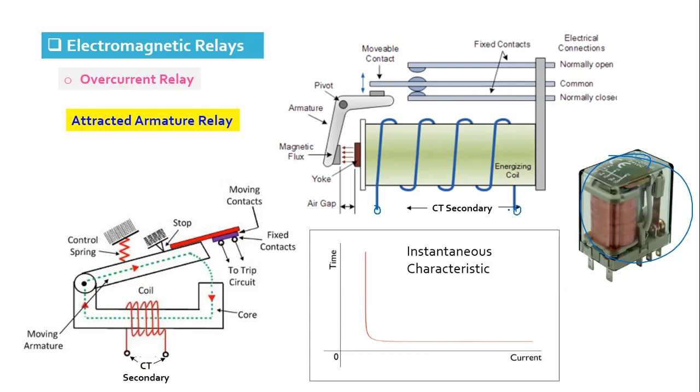When the current passed through the relay coil is more than the set value, it will attract the armature, and as the armature is attracted, the normally closed contact will become open and the normally open contact will become closed, and then this can be used for energizing the trip coil of the breaker or any other work. And this relay is instantaneous in operation. It operates generally within one cycle once the current through the relay coil is more than the set value. Very simple type of relay.